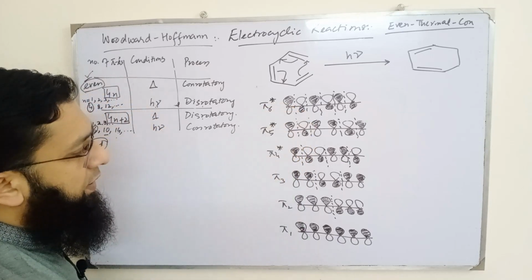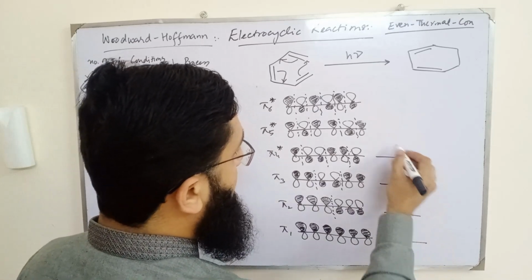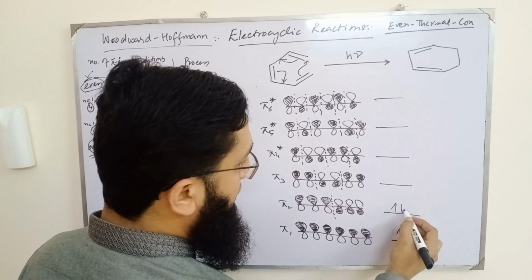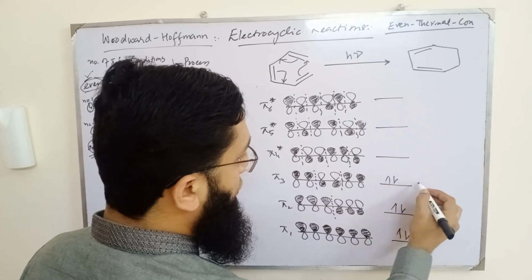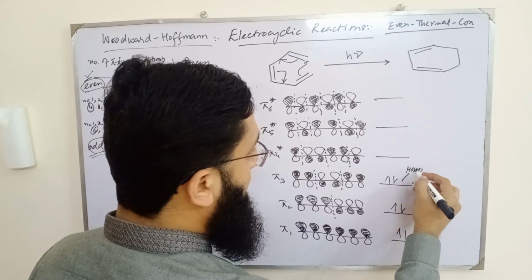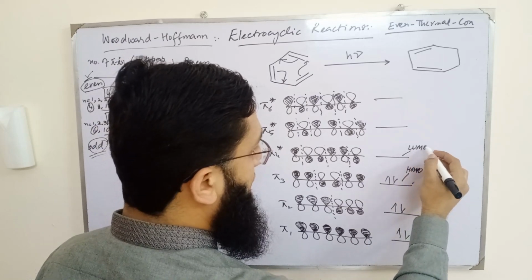Under normal conditions, thermal conditions, we have 6 electrons with HOMO, this one. So this is HOMO under thermal conditions, and this would be LUMO.